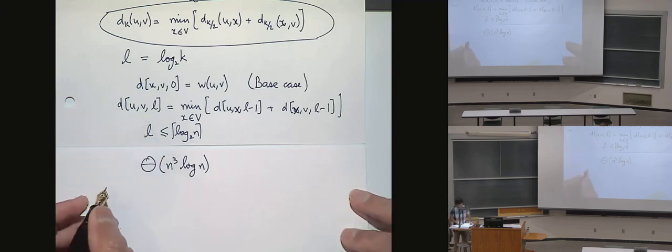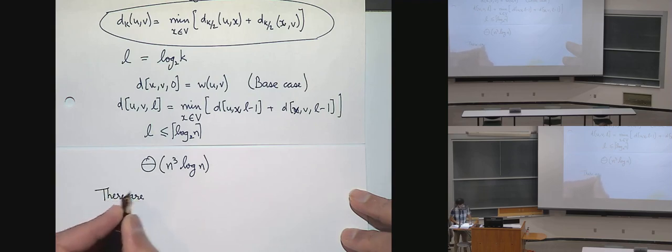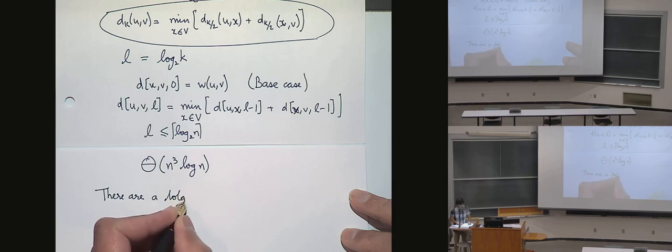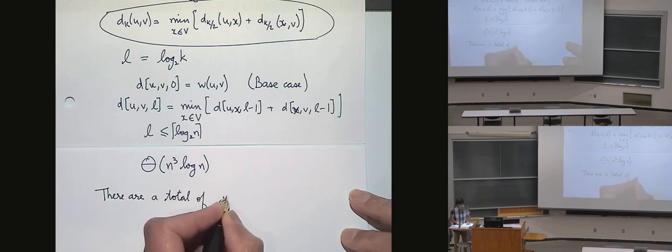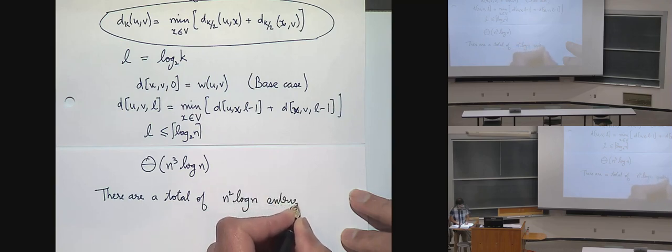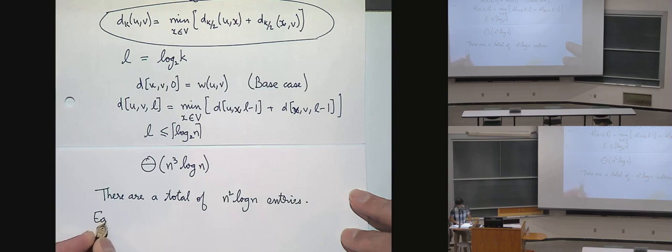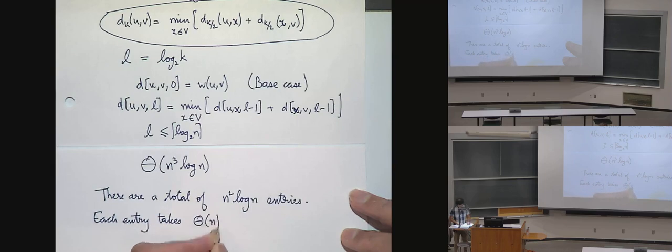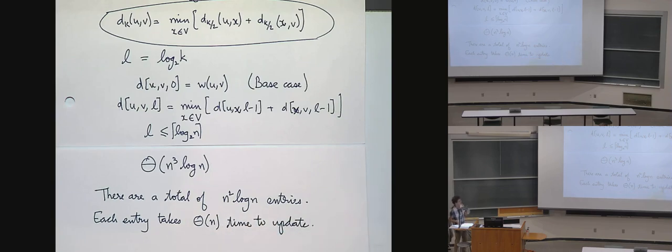Because there are a total of n squared log n entries, and each entry takes theta of n time to update. Okay? So n cubed log n.